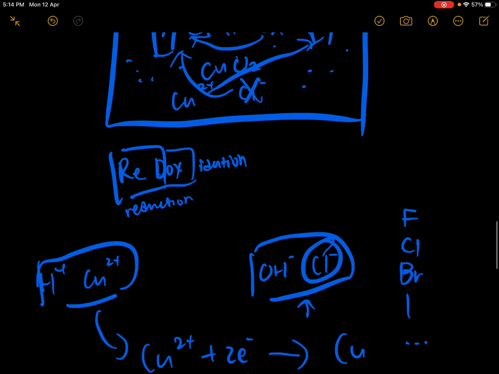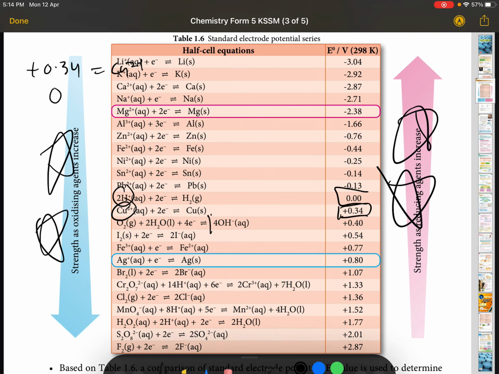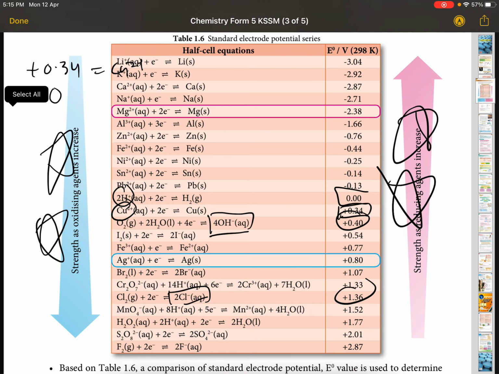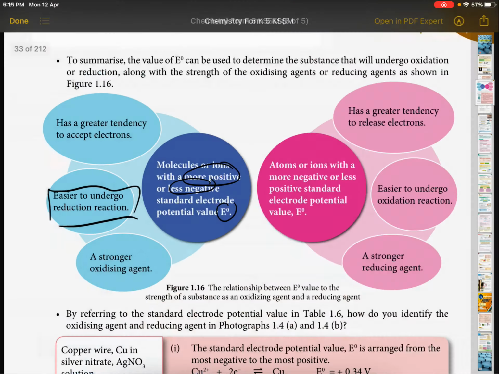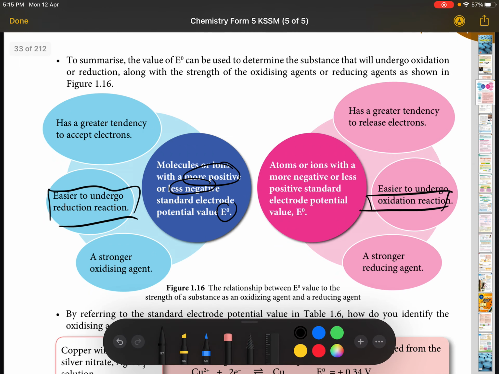Since we're talking about chloride ions and hydroxide ions, we're going to find where the chloride ions and hydroxide ions are. So here and here. So we have 0.40 and 1.36. Back to here. At the anode, it will undergo oxidation.